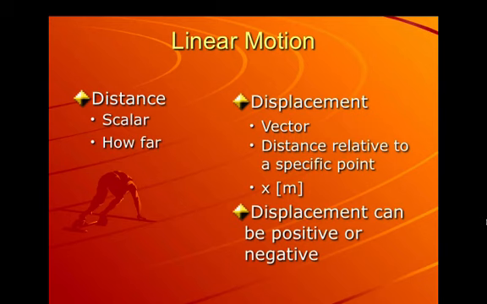Now, since displacement is a vector, it can be a positive or negative value. Okay? Distance is usually solely a positive value, but displacement can be a positive or negative value. Now, you have to be careful about that.